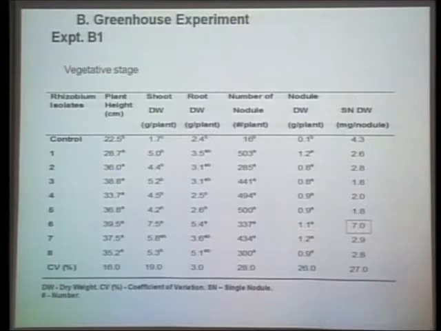And then single nodal dry weight, isolate source also gave a higher weight, followed by the nodal. One thing we observed is that though the number of nodules developed by the control was few, they were big. That's why it has this kind of weight, especially when you compare it to isolate 5 and isolate 3.